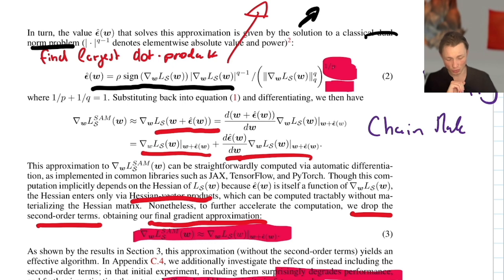And again, our loss is now the loss of our w plus the worst case loss. So we're taking the differentiation of the worst case loss, and then we have to apply the chain rule, and this brings us at the end to the loss of our worst case loss.